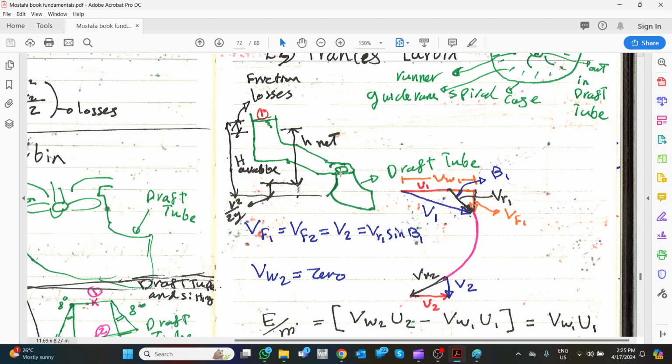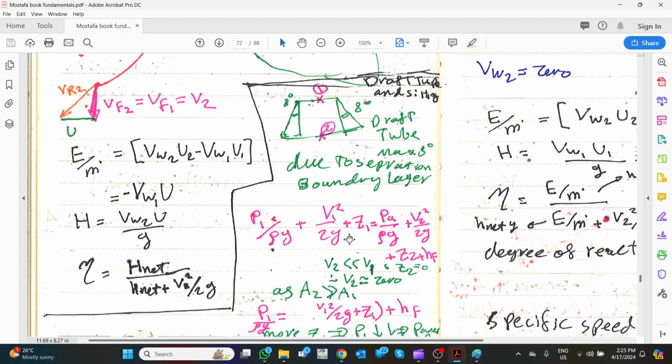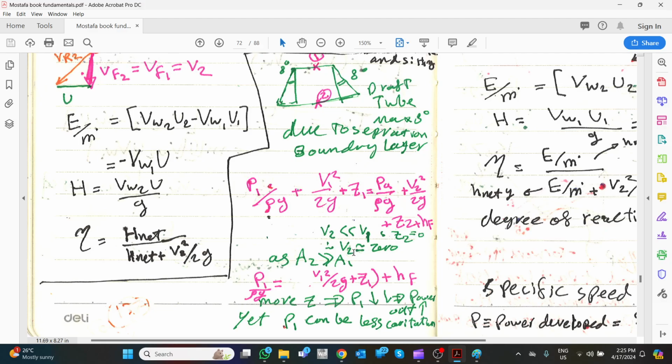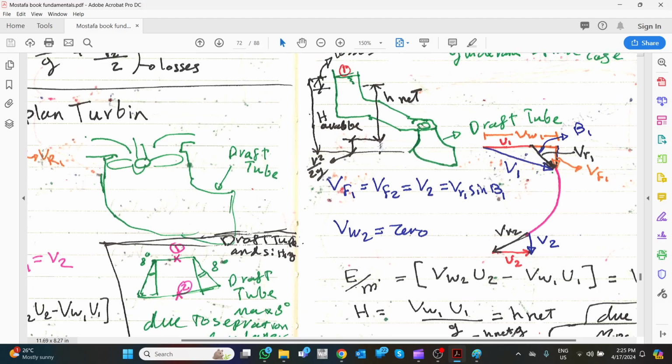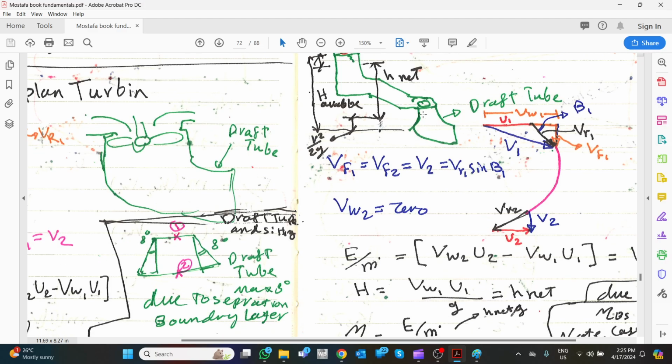Or somebody will tell you, okay, I will keep the turbine a little bit higher or a little bit lower. Let's discuss each option and what the advantages and disadvantages are. We know that when you have a column of water creating a height here, it will create a suction pressure, which will give you more power.